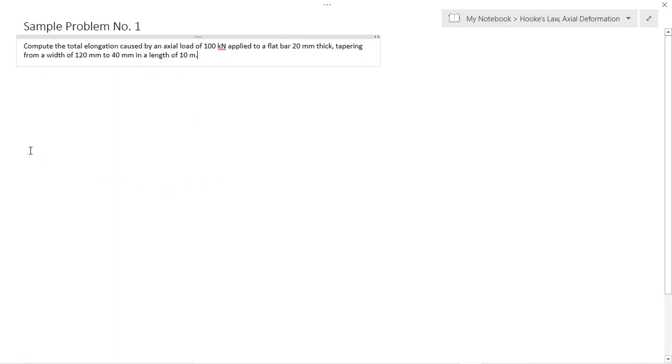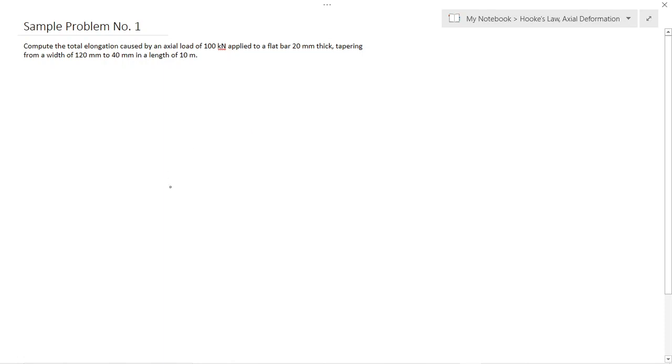Okay, so i-figure out natin yung member. Okay, so the total length is 10 meters. Tapos, hindi uniform ang cross-section kasi 20 mm thick. Okay, uniform yung thickness, but the width is from 120 mm to 40 mm.